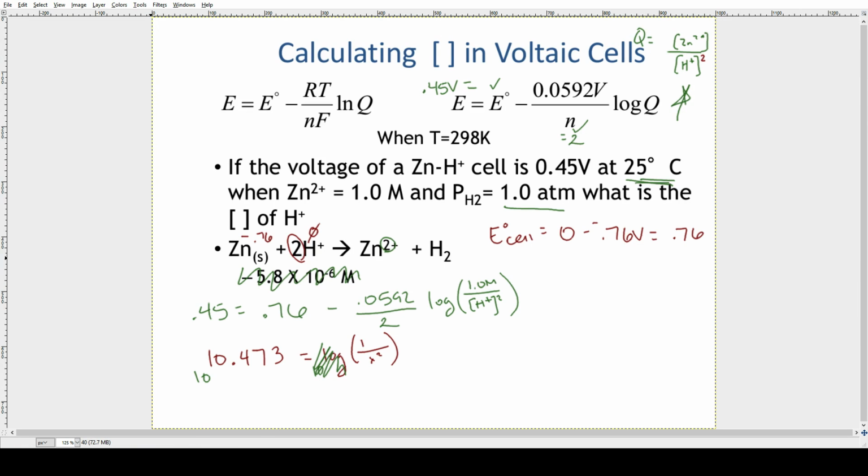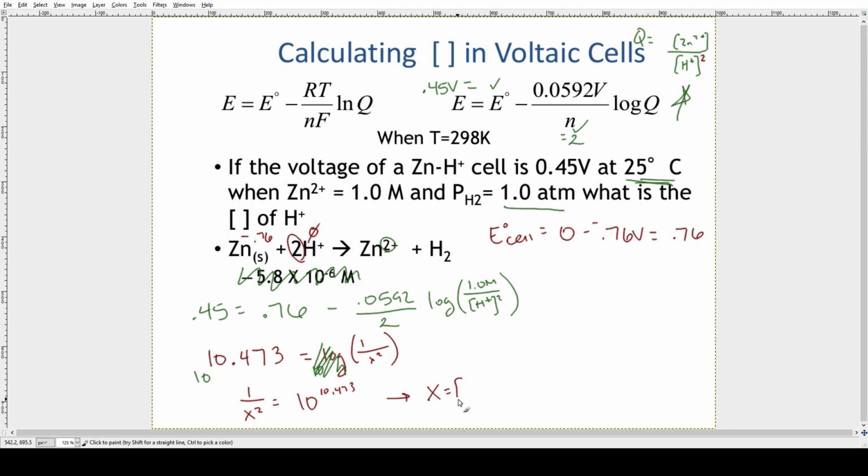And you'll end up with 1 over x squared is equal to 10 to the 10.473. So if you rearrange that, you're going to end up with the concentration of hydrogen. Well, here, let's write it like this.